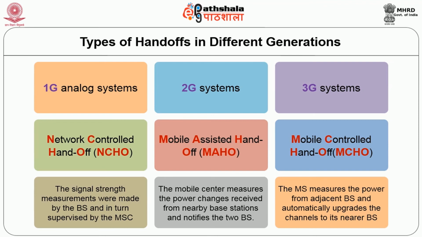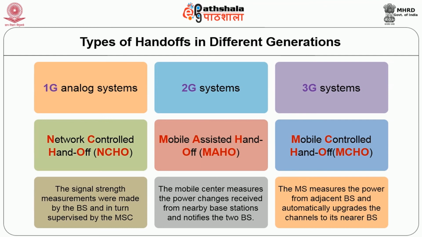Now again, in current 3G systems, the measurements are performed by the mobile station, and the mobile station itself switches the channel to the nearer base station. In 3G systems, where communication is so fast, the delay offered in 2G, that is mobile assisted handover, was also not affordable.